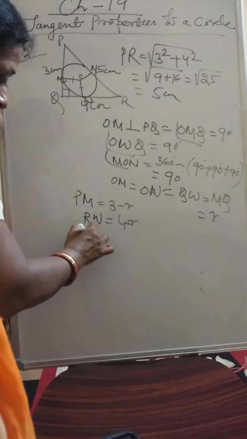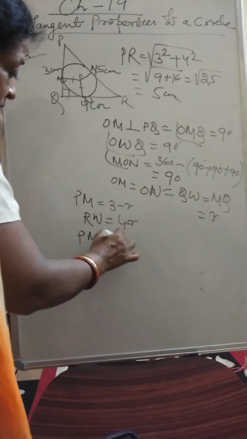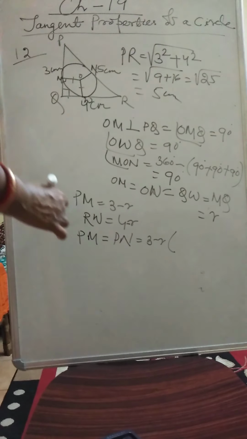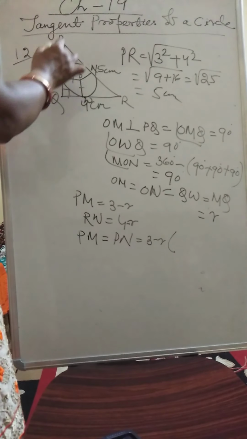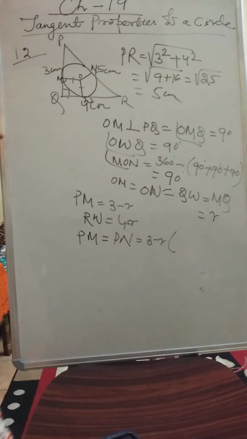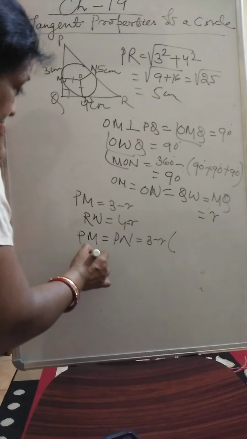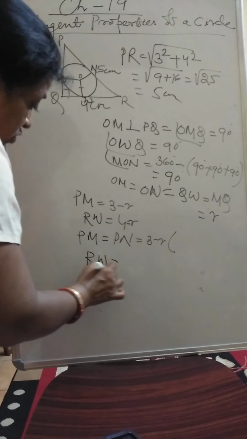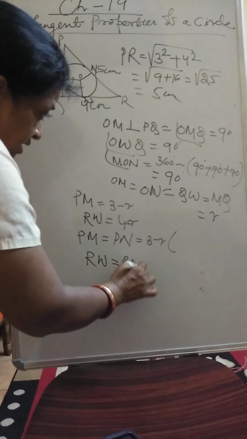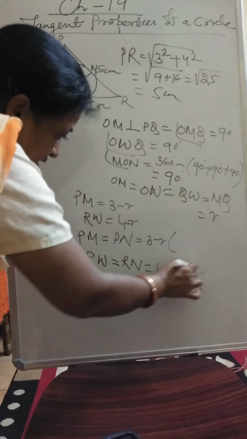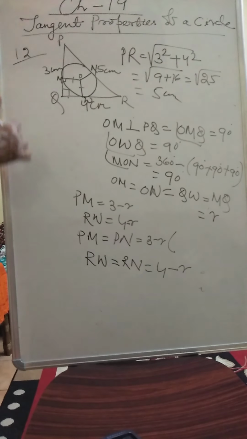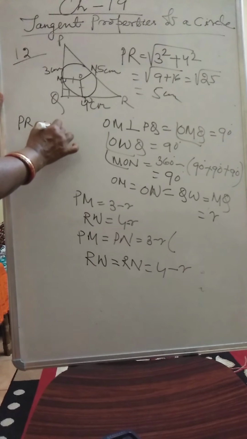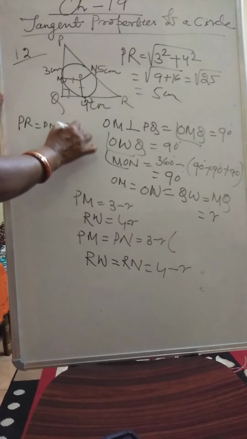I'll write PM is equal to PN, 3 minus R. We can write the property: tangents drawn from an external point to the circle are equal. Next I'll write RW is equal to RN is equal to 4 minus R. Now children, PR is equal to PN plus RN.